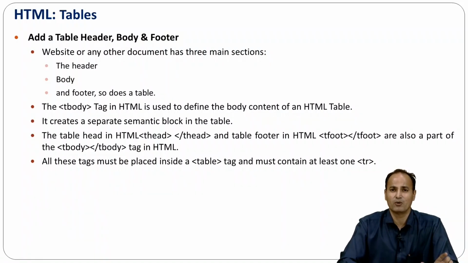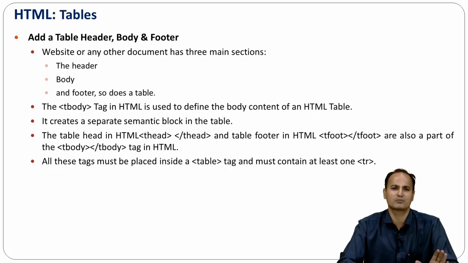The T-body HTML element or tag is used to define the body content of an HTML table. It creates a separate semantic block in the table. The table head, the T-head section, and the table footer, the T-foot element, are also used alongside the T-body element of HTML.